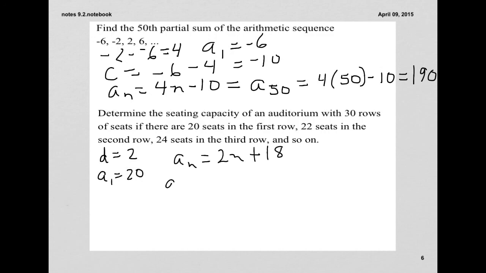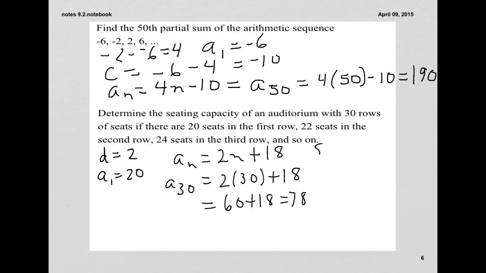So we're looking for a sub 30, which is equal to 2 times 30 plus 18. That gives us 60 plus 18 equals 78. Okay, now we need to keep going because we need to find the total seats.